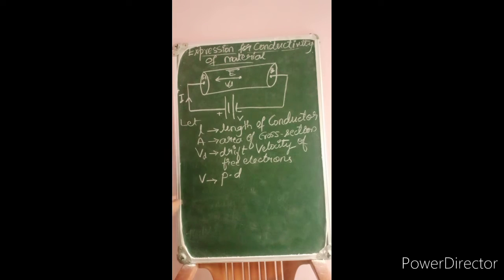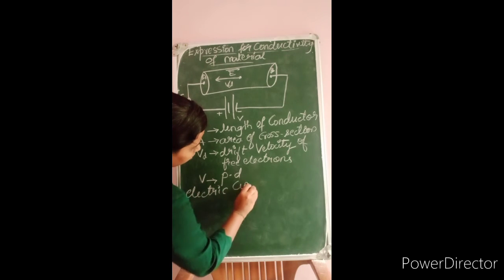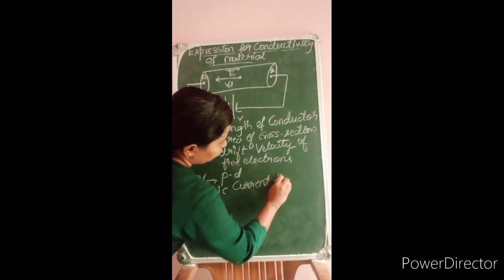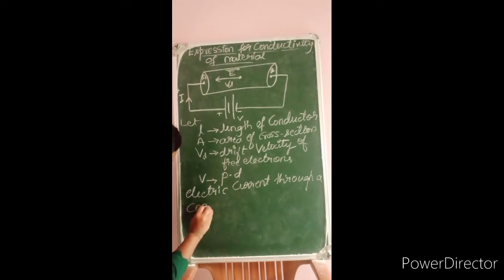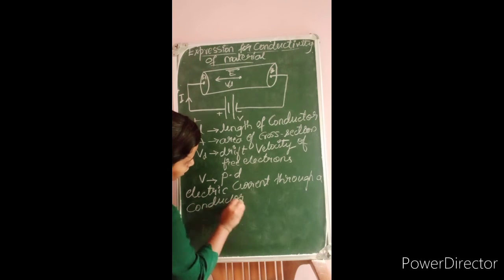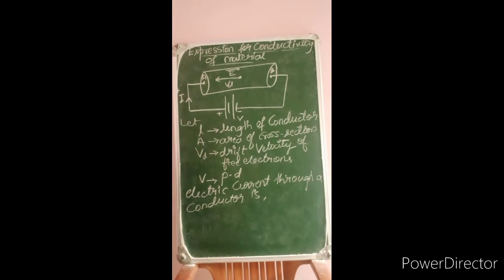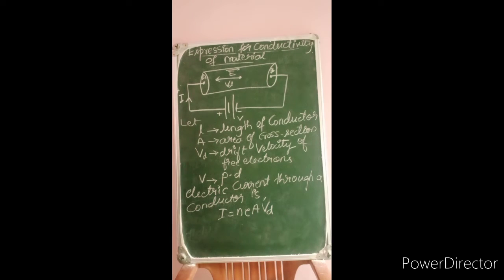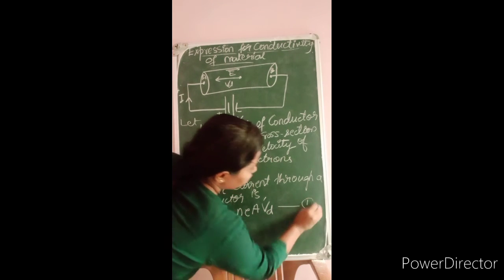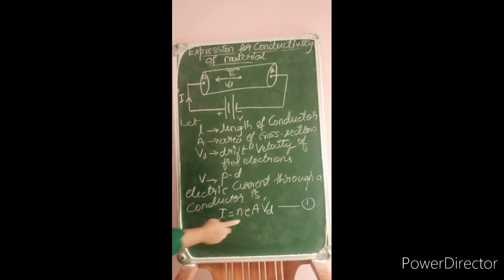The electric current through a conductor is given by I is equal to n e A V_D. Take this as equation 1, where n is the number of electrons per unit volume and e is the charge of a free electron.